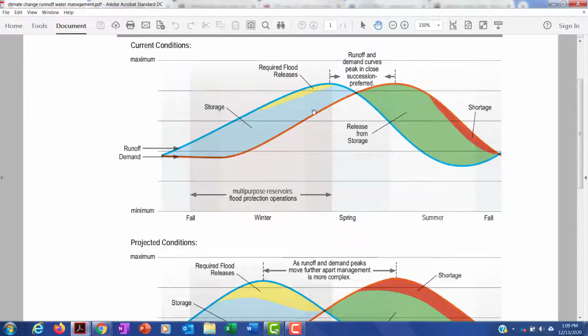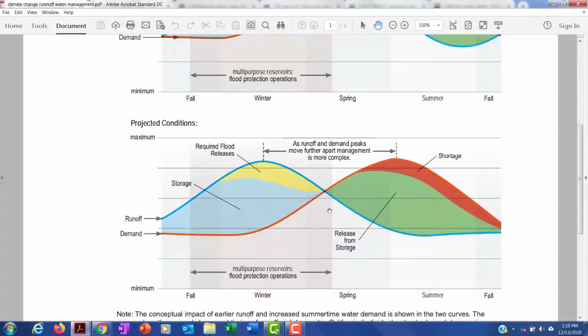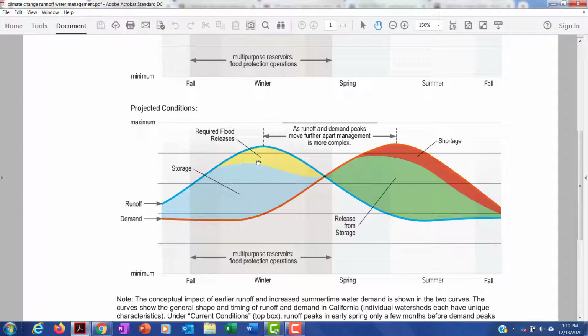But what's changing is that the peak of supply, instead of being almost in late winter, is going to come earlier in winter. So the gap between when we have our peak runoff and when we have our peak demand widens.